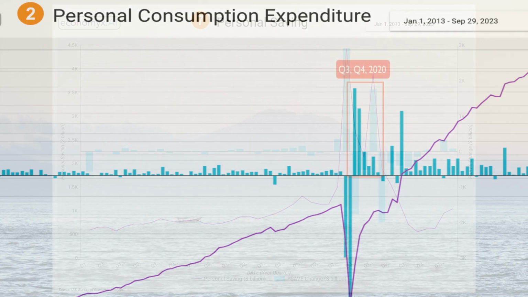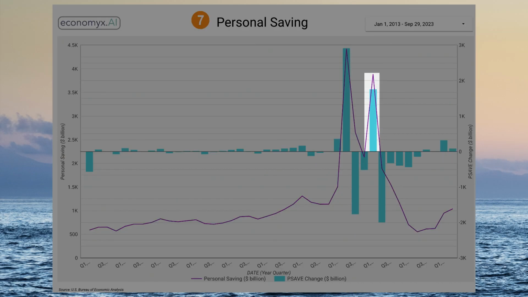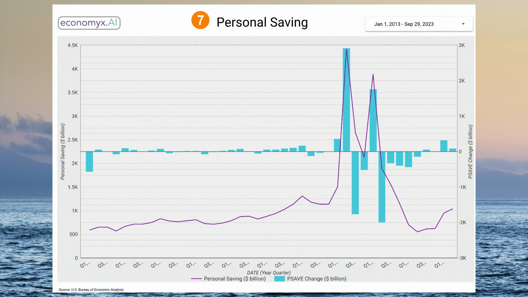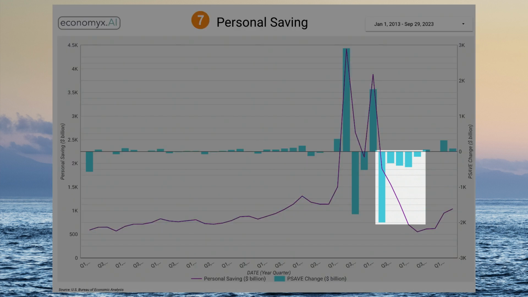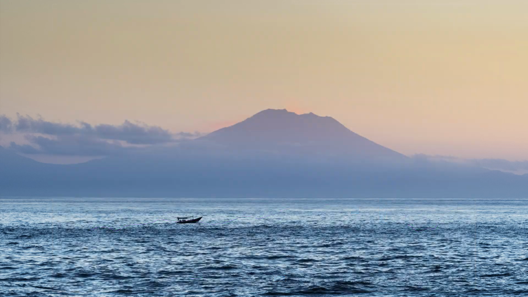When we overlay the savings chart with PCE, the picture that emerges seems to support the big spending theory because consumption is also very elevated during these quarters. There's another big savings spike in Q1 of 2021, probably due to the second round of COVID payments that went out in December 2020. This is followed by 5 successive quarters of big declines in savings, all the way to Q2 2022.